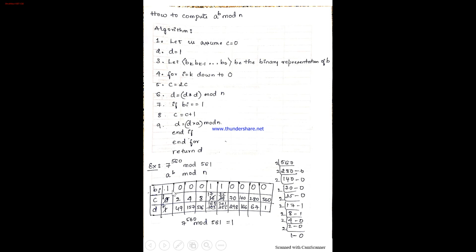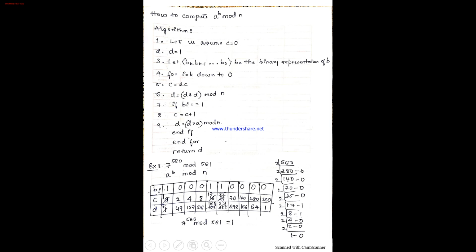I'll repeat it. Whenever Bi is 0, the only thing I have to do with C is multiply the C value with 2. So 1 into 2 is 2. 2 into 2 is 4. 4 into 2 is 8. 8 into 2 is 16. Since Bi is 1, I add 1: 16 plus 1 is 17.